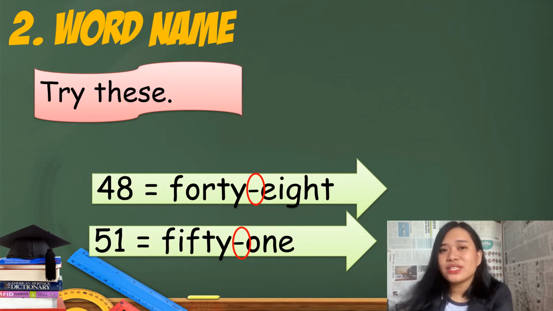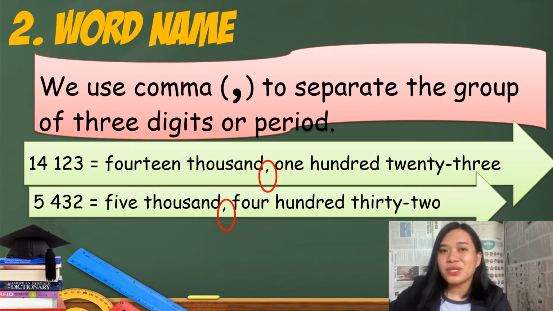Write these two digits into word form. 48. 40 hyphen 8. Next, 51. 50 hyphen 1. When we write numbers into words, we use comma to separate each period. When we say period, it composes of 3 digits.